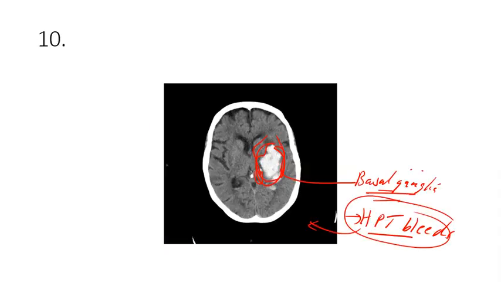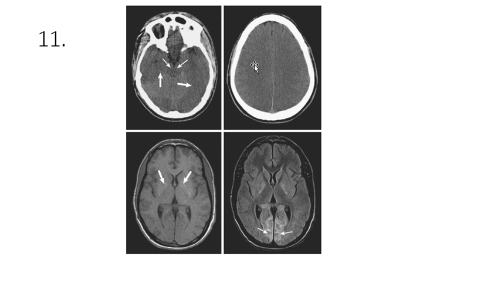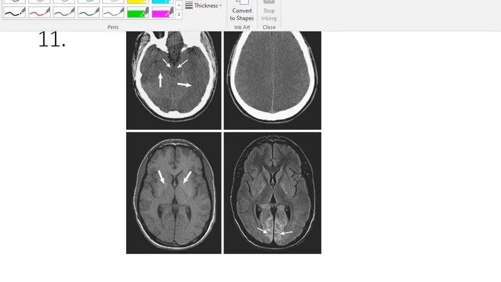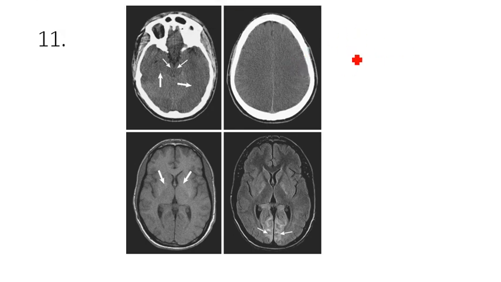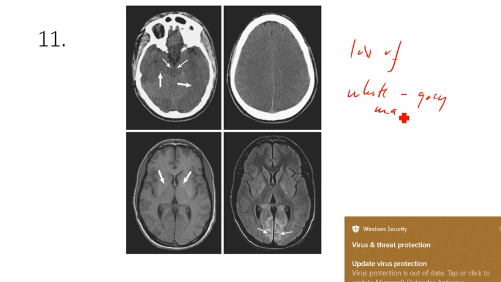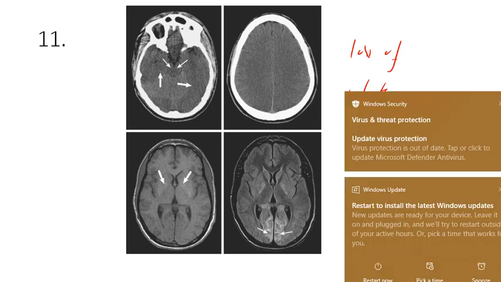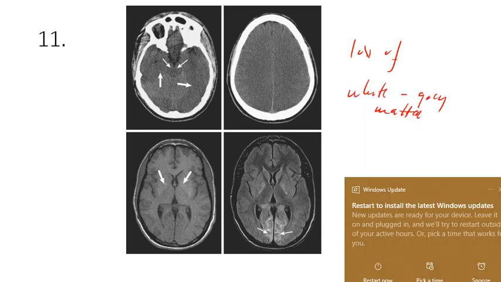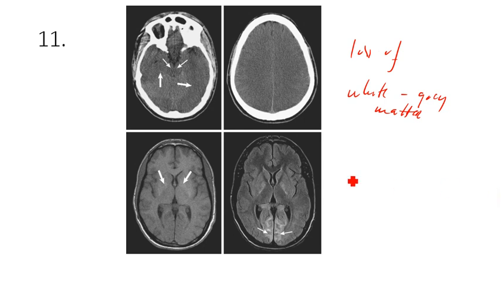It's almost as if someone painted it. It's almost as if someone just spread his hand and the whole brain looks very homogeneous. So we call this loss of white to gray matter differentiation. You can't tell it apart here. It's almost as if someone just swooshed a hand there and made it very homogeneous.